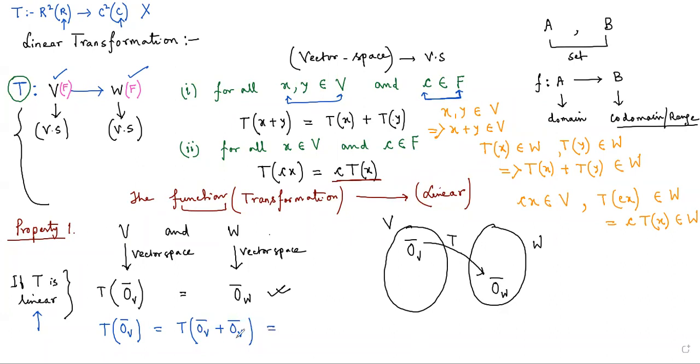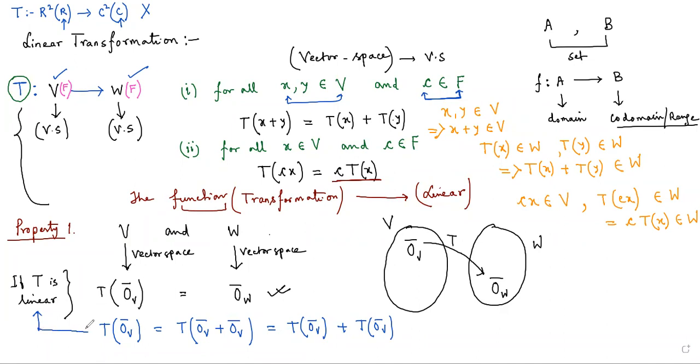And T of 0v bar is equal to T of 0v bar plus T of 0v bar, because T is linear, and therefore T of x plus y is equal to Tx plus Ty.